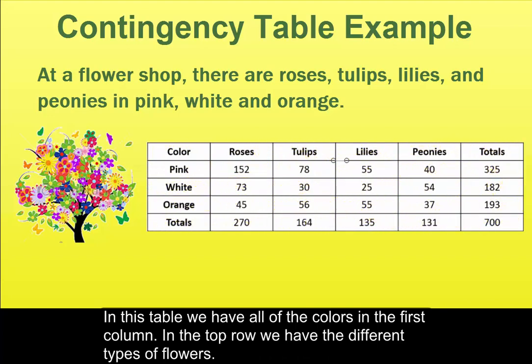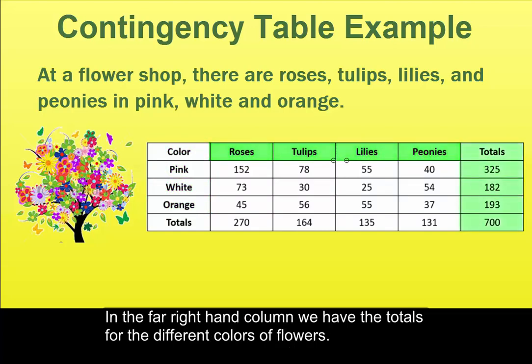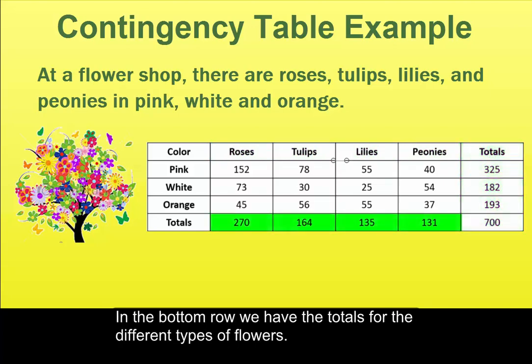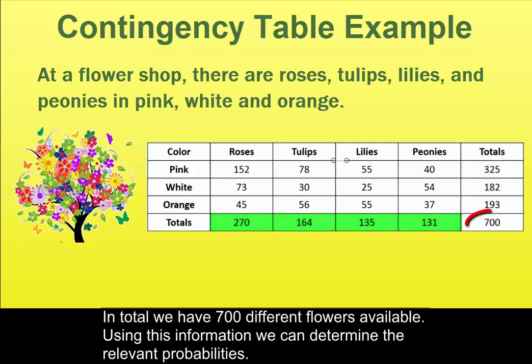So in this table, we have all of the colors in the first column, and in the top row, we have the different types of flowers. In the far right-hand column, we have the totals for the different colors of flowers, and in the bottom row, we have the totals for the different types of flowers. And in total, we have 700 different flowers available. Using this information, we can determine the relevant probabilities.